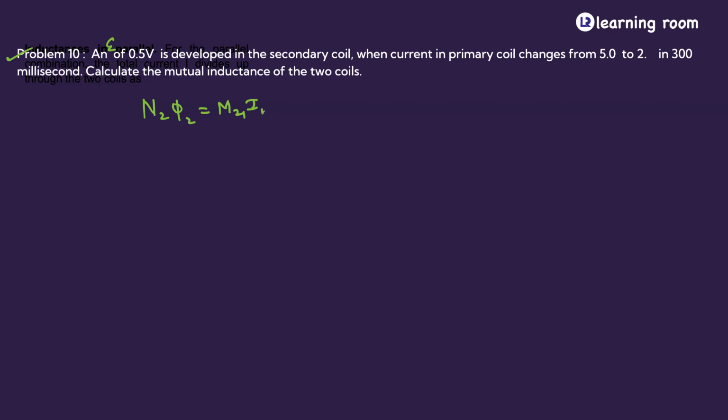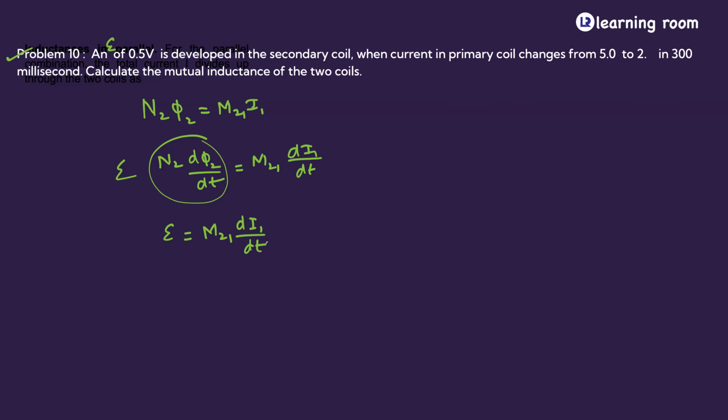So what will you do? Then you differentiate on both the sides. When you differentiate on both the sides, what are you going to get? So if I differentiate this with respect to time, N2 into dφ2 divided by dt is equal to M21 into di1 divided by dt. So what is this? This is EMF. So EMF is equal to M21 into di1 divided by dt.